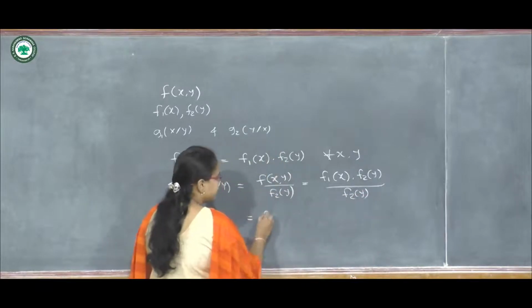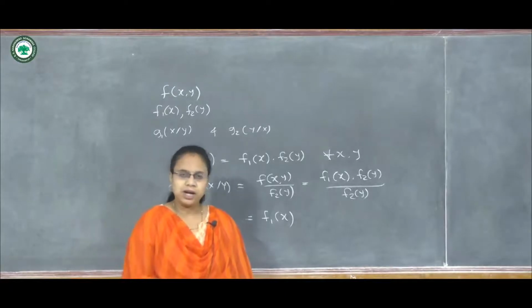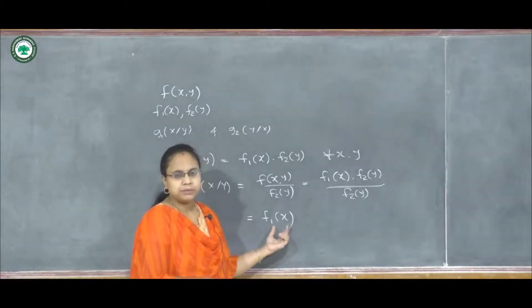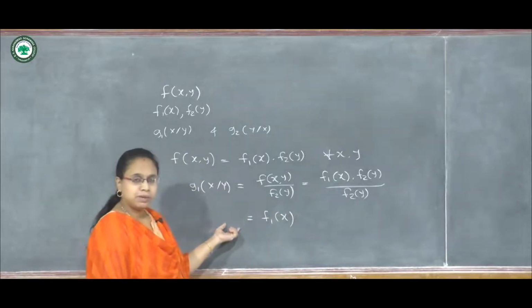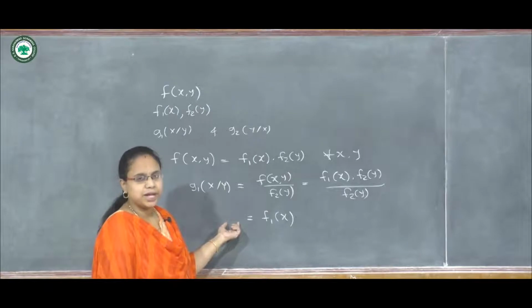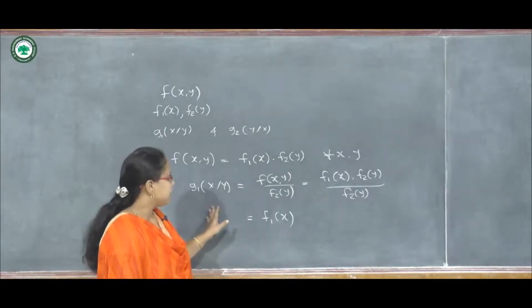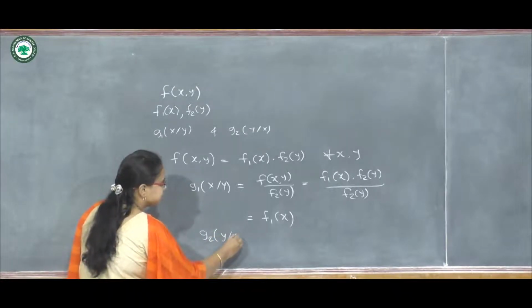So we will get f1(x). So if X and Y are independent, then the marginal distribution of X is the same as the conditional distribution of X given Y.